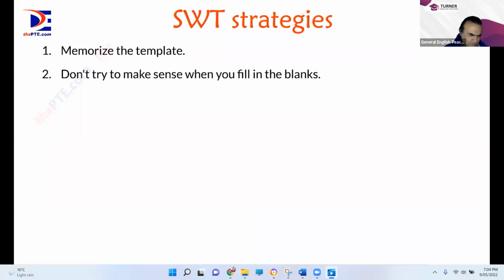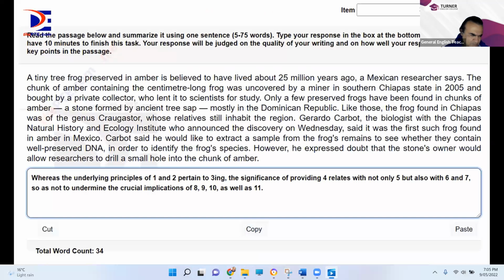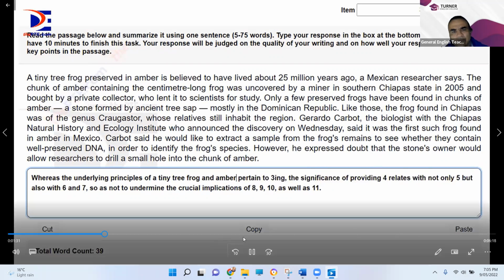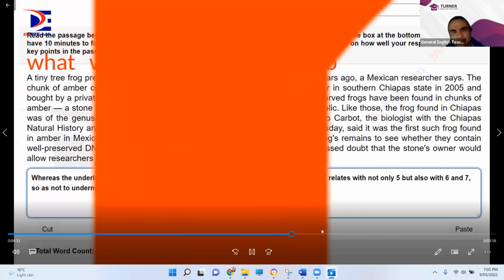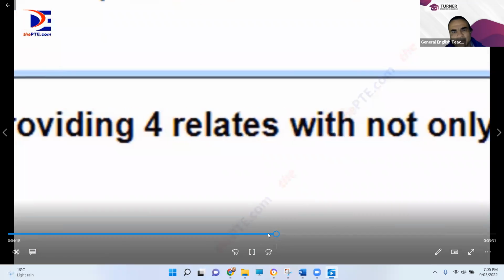Number 2. Don't try to make sense. When you fill in the blanks with content words, don't even try to make sense. The computer is good at the spelling, punctuation and grammar, but not at semantics, which is another name for meaning of words. Any important content words.